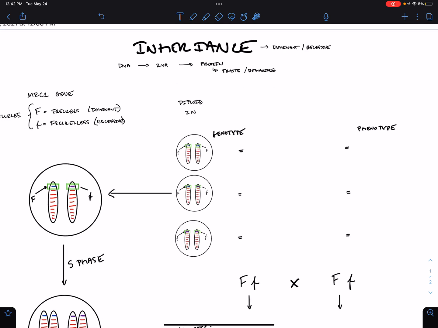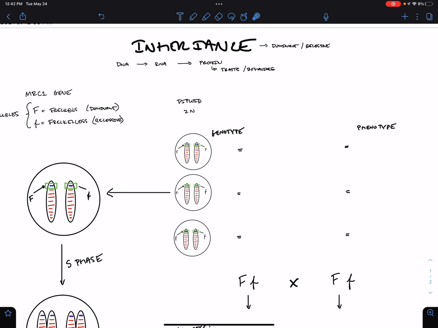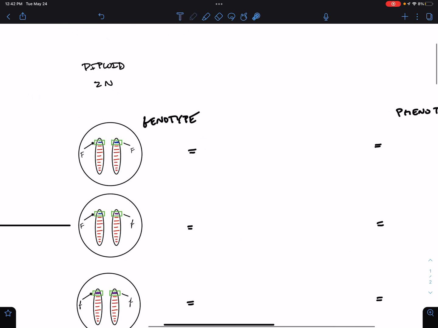Okay, but there are two copies of every gene, and so there are a couple different variations of what alleles you might have. You could be someone whose genotype is big F, big F. So this is your genotype, the two alleles that you have in your chromosome. This is the location on the chromosome with the MRC1 gene in this green box here. And if you have the blue dash here, that means you have a big F copy of the gene.